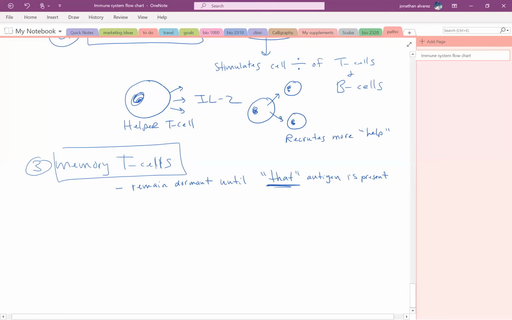Okay. And when it is, the memory cells are stimulated. Okay, so when the memory cells are activated, they convert themselves into cytotoxic T cells.